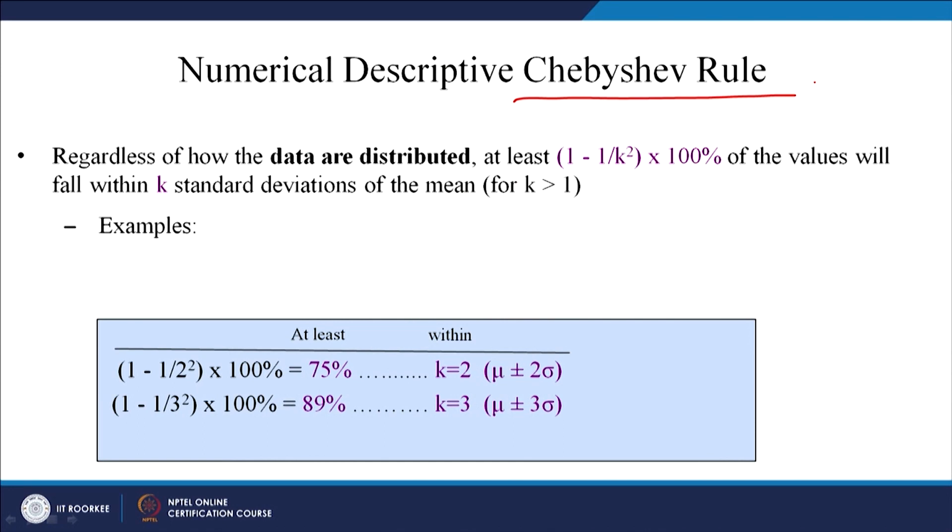Now, apart from the empirical rule, there is one more theorem, called the Chebyshev rule or Chebyshev theorem.